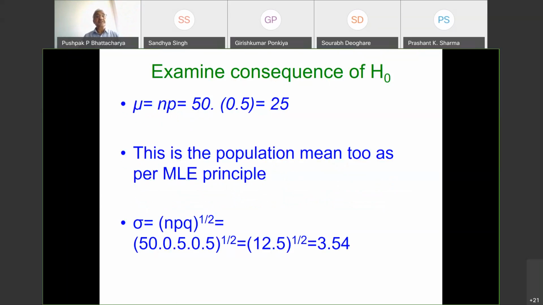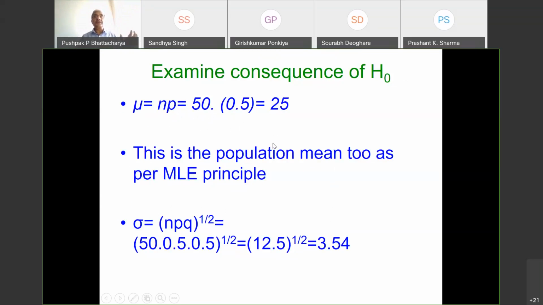Now let's begin from the null hypothesis. The first consequence of the null hypothesis is that the mean accuracy mu is n times p. N is the number of samples, 50. P is the probability of success and failure, 0.5. So 50 times 0.5 is 25.